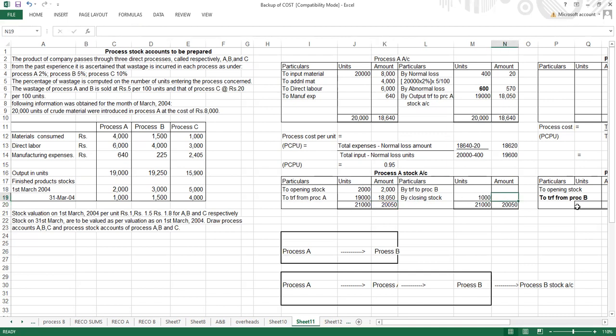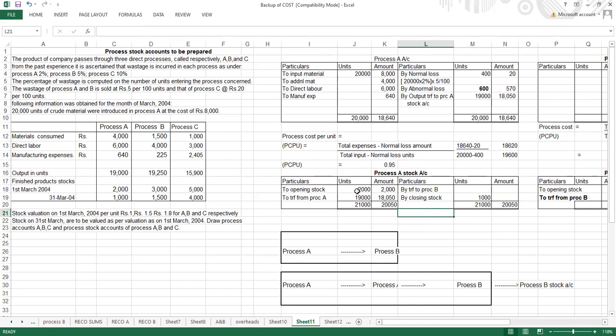Okay. Now students, we can find out the closing stock value by taking PCPU as a rate. Now you will ask, why PCPU? Well, students, if we follow the FIFO method of stock valuation, what it says, stock which is received first will be issued first. Clear?